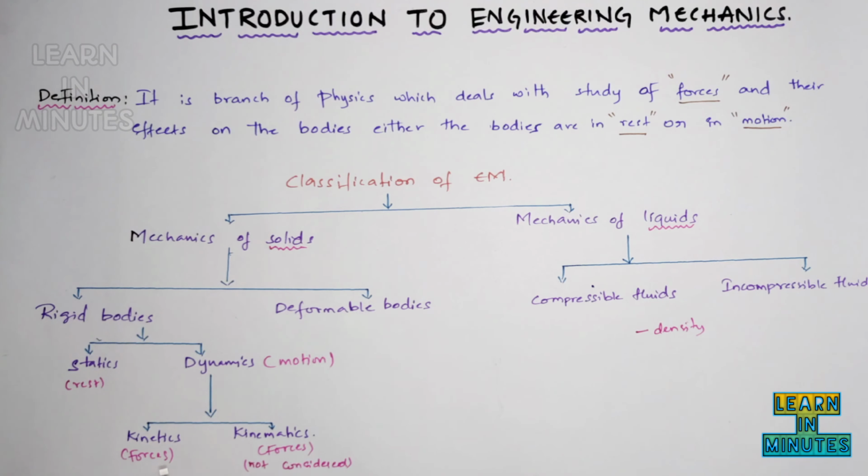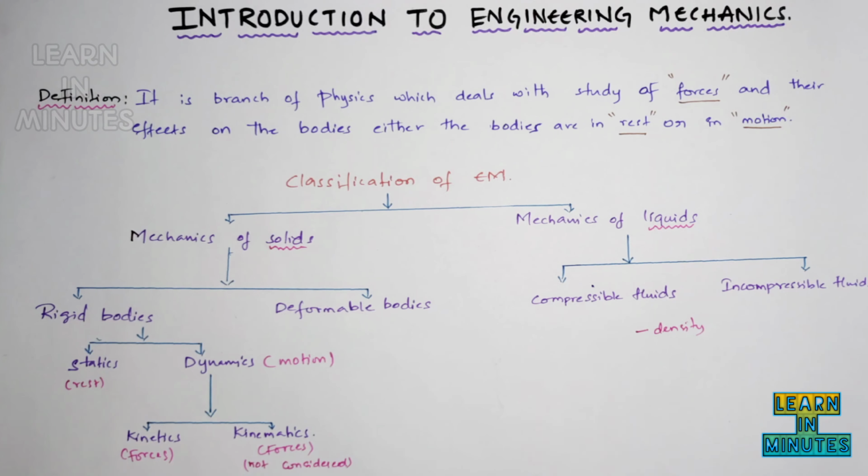In kinetics, forces are considered when the bodies are in motion. In kinematics, forces are not considered when the bodies are in motion. So in this way engineering mechanics is classified into various types. This is the pictorial representation of the engineering mechanics classification.